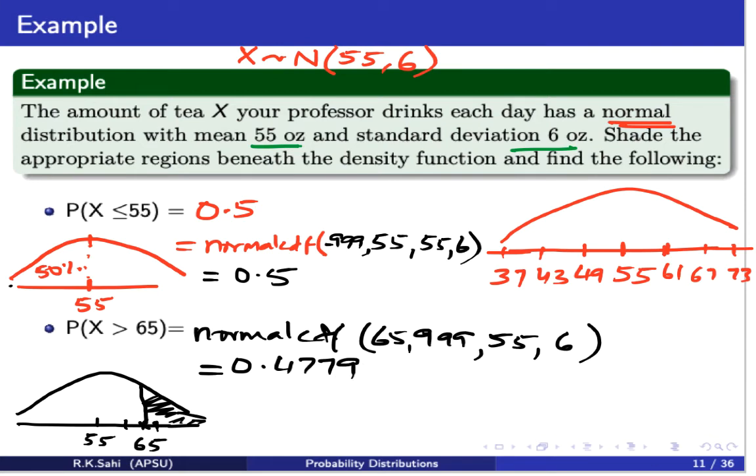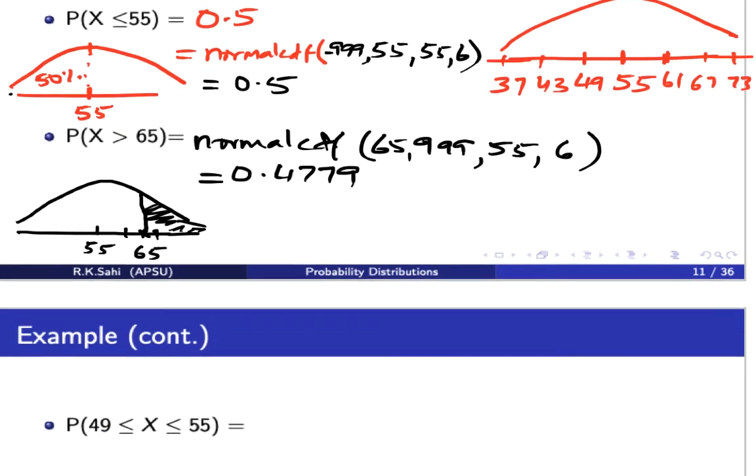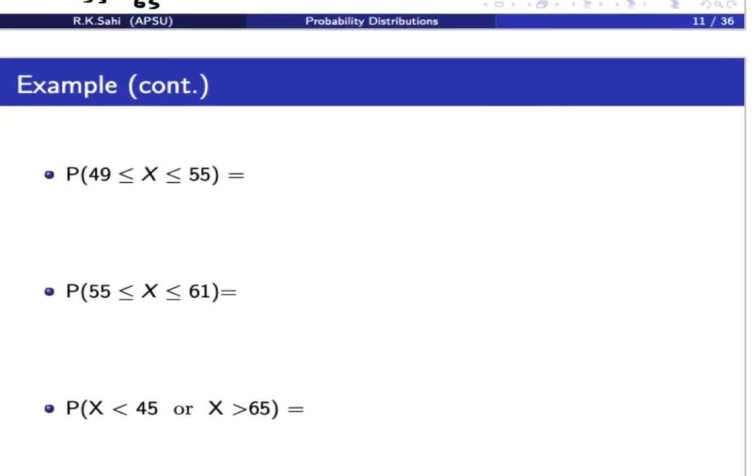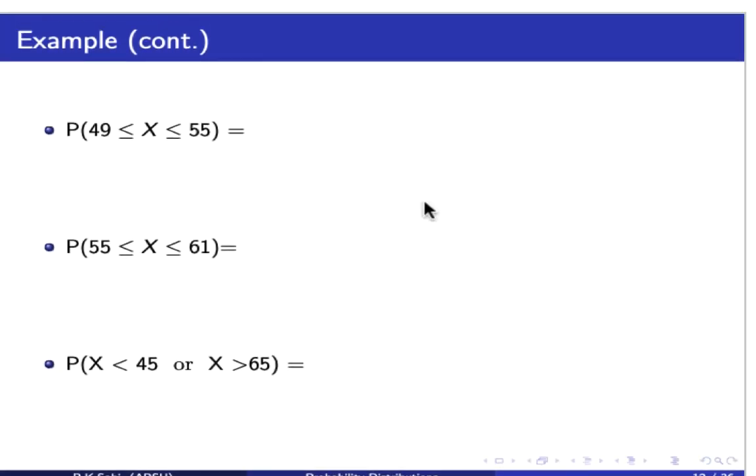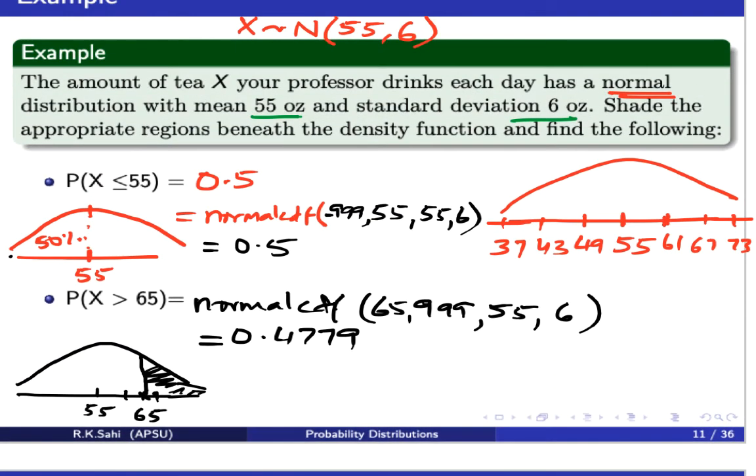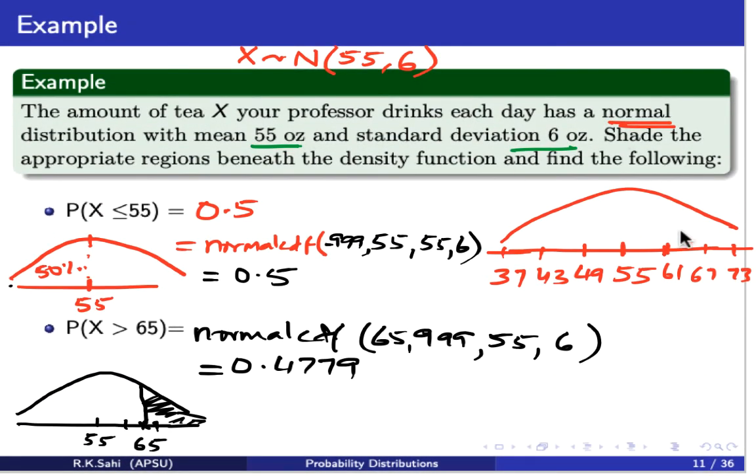Okay. Now let's go ahead and do more problems over here. The probability is between 49 and 55. Now, if you keep that little normal curve handy in front of you, it will help us. So 49 is somewhere here and 55. So it's somewhere in between the two.